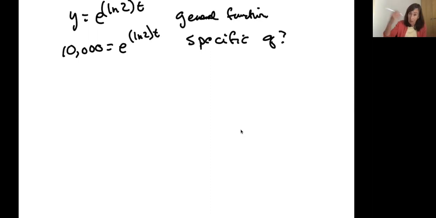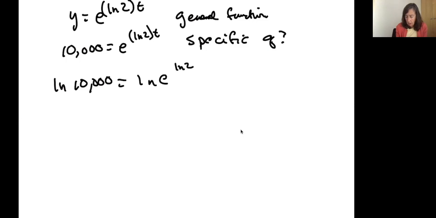But now I'm going to do that step. I'm going to take the natural log on both sides. So log of 10,000, the natural log here, is equal to the natural log of e to the ln2 times t. Okay, so that is just going to be ln2 times t.